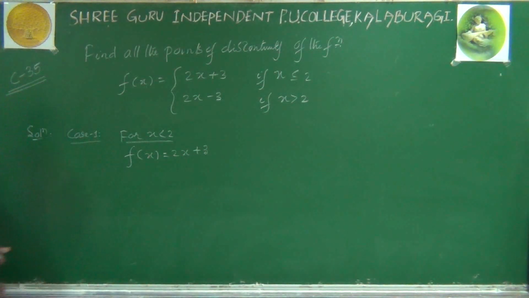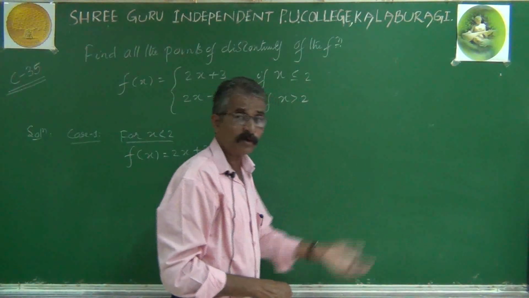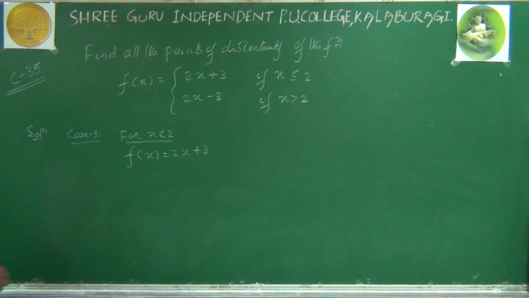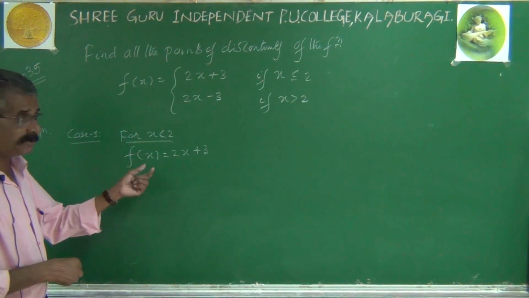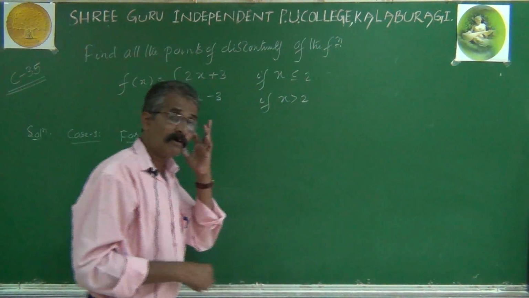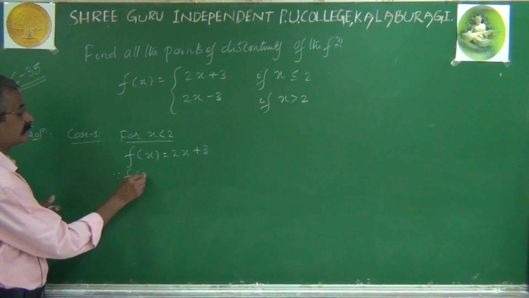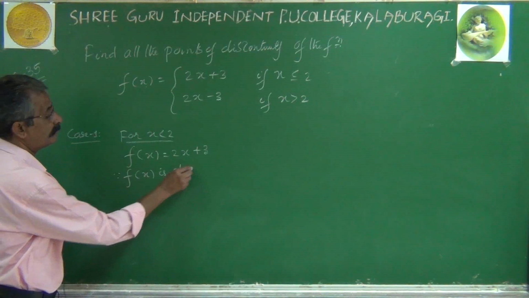But what is 2x plus 3? It is an algebraic polynomial. So already we know by means of a standard theorem, an unproved theorem, proof is not for the text, that every algebraic polynomial is itself continuous for all the values of x, since f(x) is an algebraic polynomial.